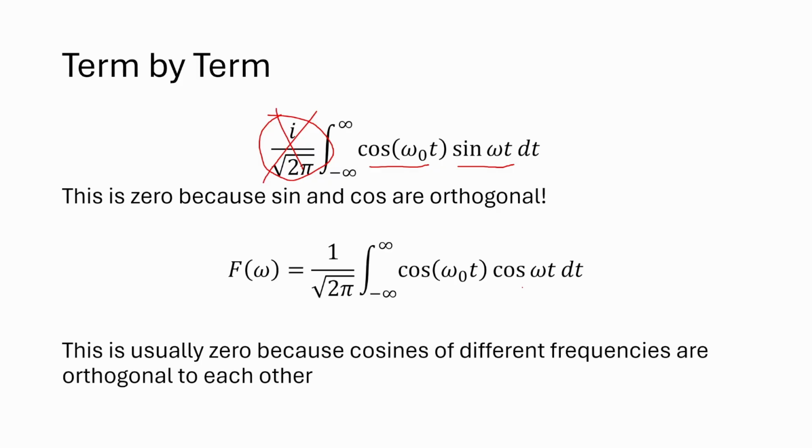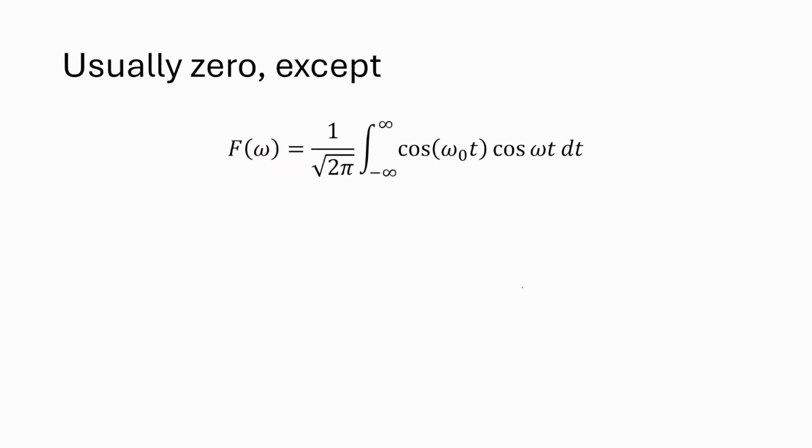If the two frequencies are different, if omega naught is unequal to omega, then these two functions will be orthogonal because cosines of different frequencies are orthogonal to each other.